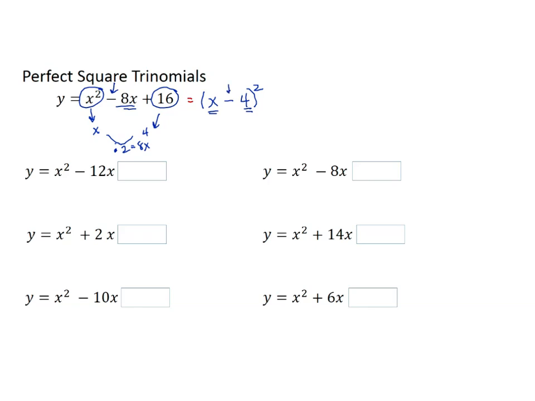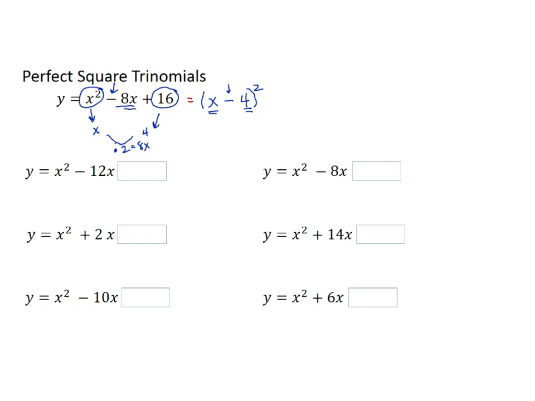So what we're going to do down below, you'll notice that these trinomials are missing their constant term. They have no last term. But using this pattern, we're going to figure it out.